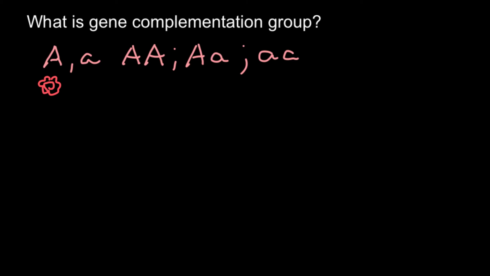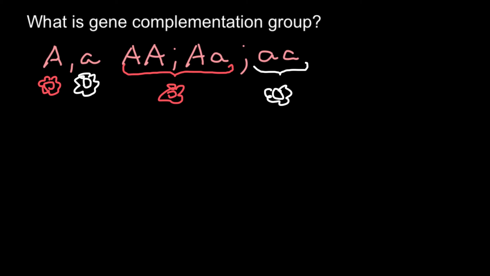So basically pigment wouldn't be produced, so the color of this plant would be white. So flowers would be white. That means that these two genotypes would produce plants with red flowers, and the genotype that is homozygous recessive would produce plants with white flowers. So far it is very easy and simple to understand.